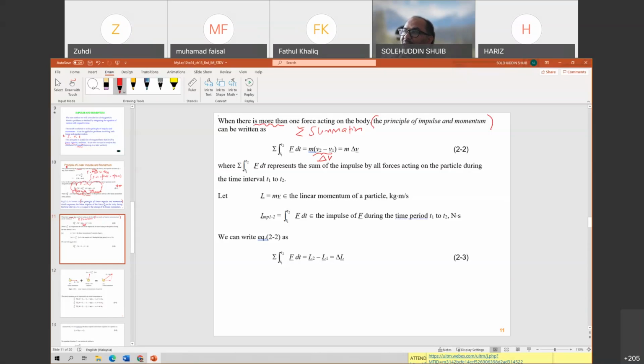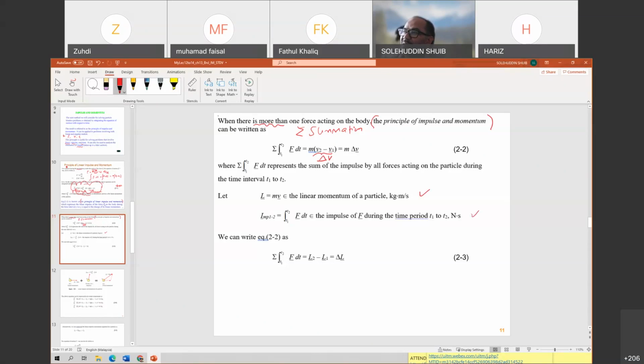Okay, so we are going to put it this way. We say L equal to mv. It is the linear momentum of the particle. And then impulse, we can say this way, integral from 1 to 2 f dt, which is the impulse of force during the time period T1 to T2, with the unit of Ns.